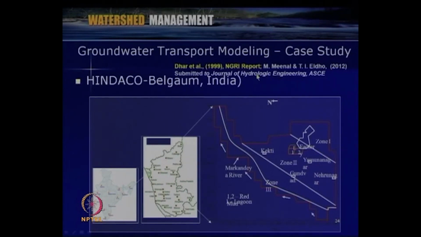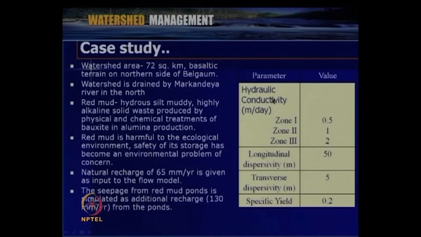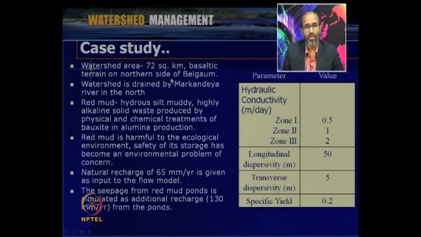The details of this study area are given in Thar et al. 1999, and then Meenal and Eldho submitted to the Journal of Hydraulic Engineering, ASCE. Some of the parameters considered in this study area: the watershed area, the aquifer area, is about 72 square kilometer, and this is basaltic terrain on the northern side of Belgaum, and the watershed is drained by a river called Markandeya river in the north.